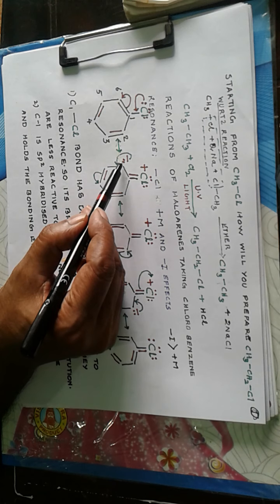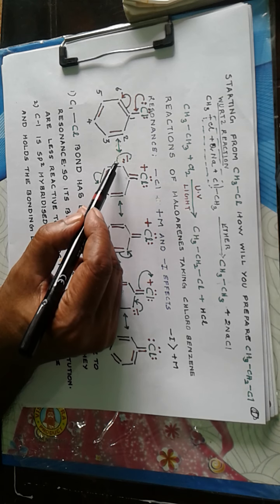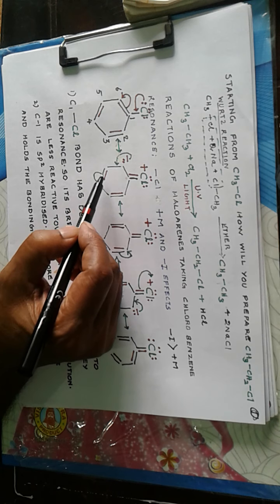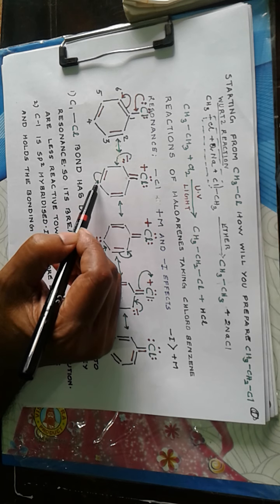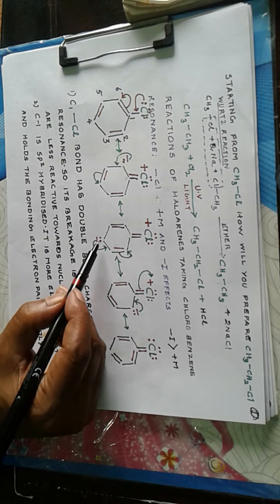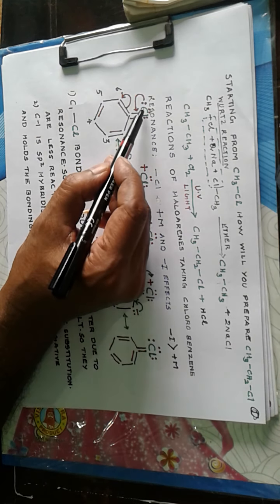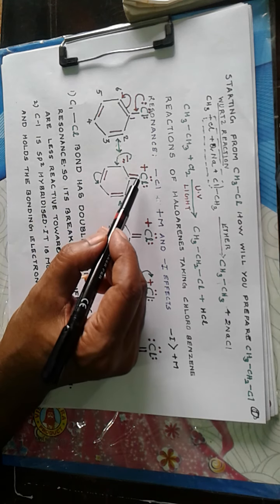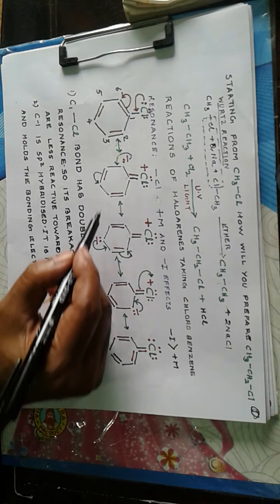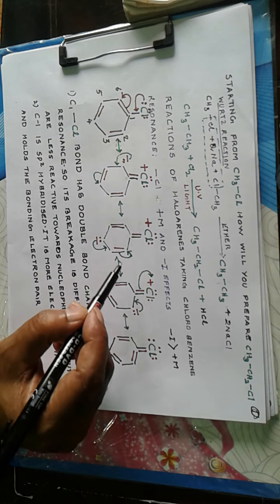Now this pair of electrons will convert into a bond pair with a simultaneous shift of this pair of electrons, and then we get a negative charge here and a lone pair. Now during this change, sp3 hybridization of chlorine changes to sp2. Now this thing will be repeated here also.